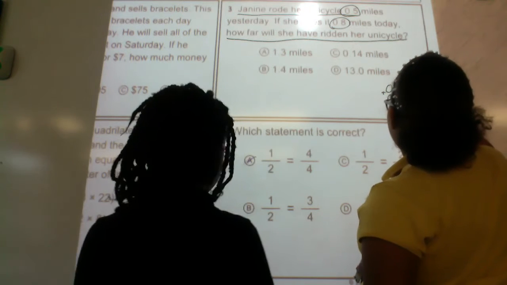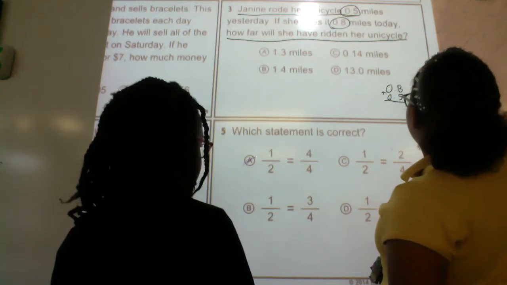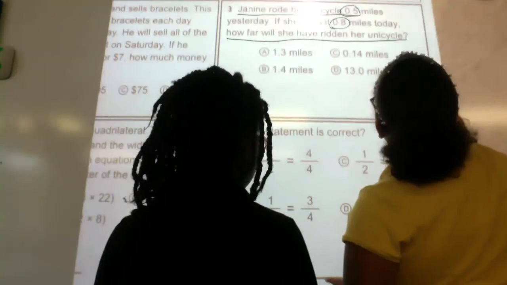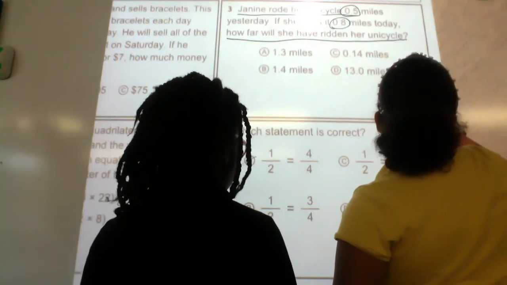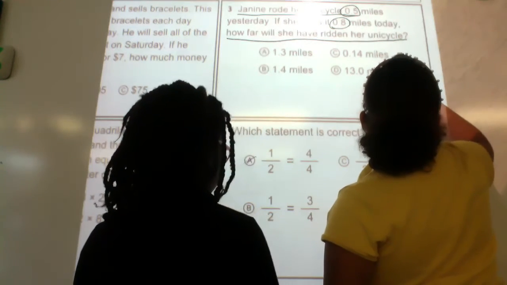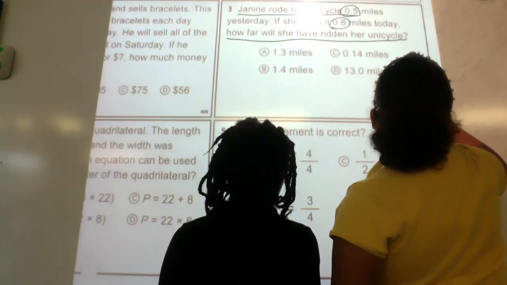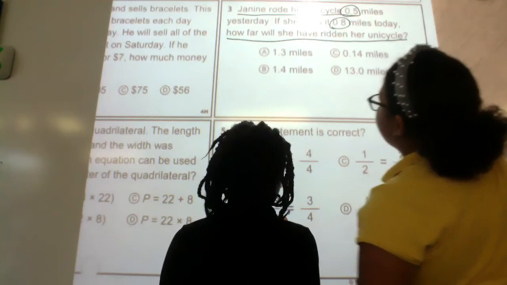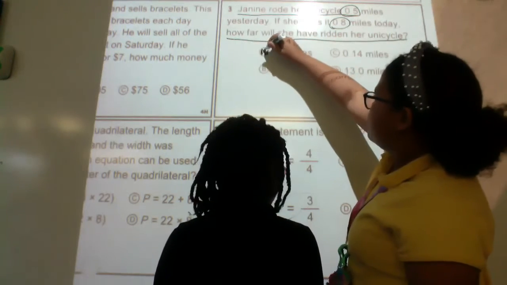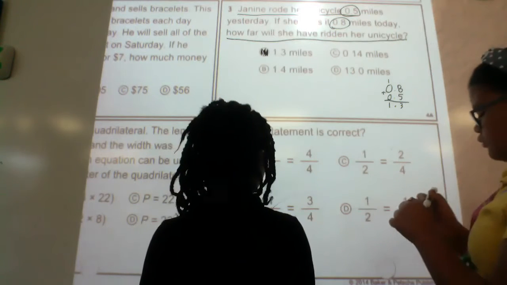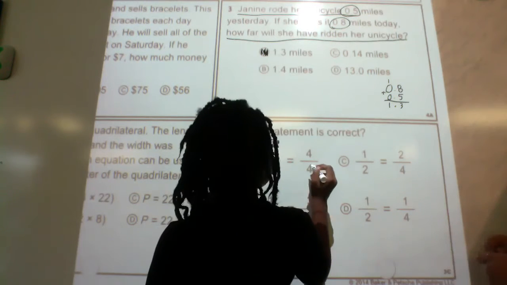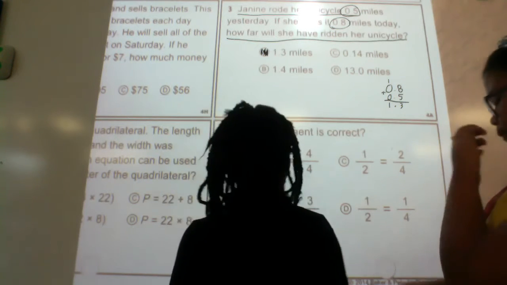Thumbs up if you did number 5. If you didn't, make sure you're doing it right now. So Jaylene's just adding those decimals. She made sure she lined everything up, brought her decimal down. And she ends up with 1 3/10 miles. Good job.